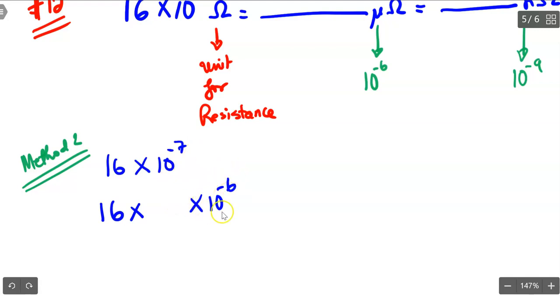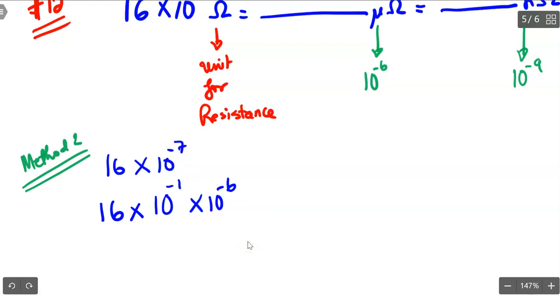Why do I break into 10 to the negative 6? Because I know that 10 to the negative 6 represents the micro. In order for me to get from 10 to the negative 6 back to 10 to the negative 7, I need to multiply by 10 to the negative 1.